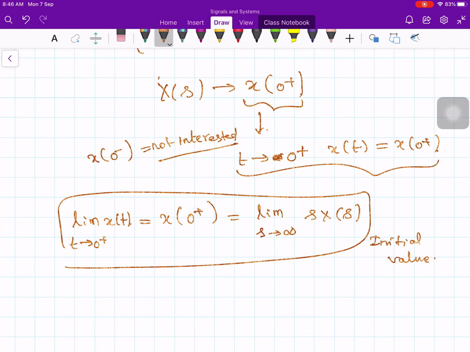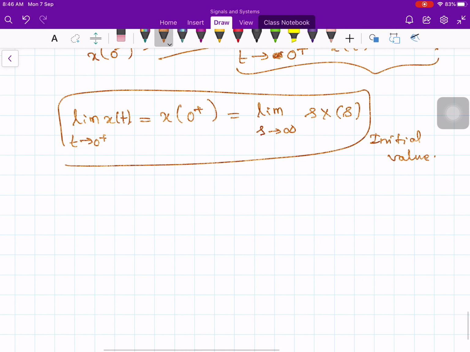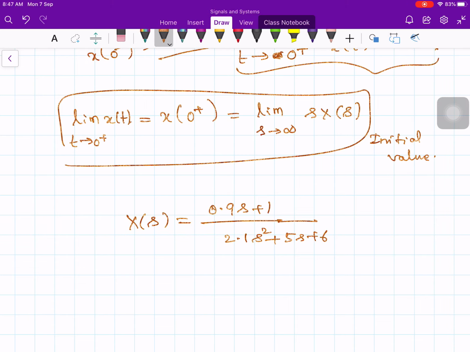Now let us take some example for the initial value theorem. Let's say X(s) is equal to (0.9s + 1) divided by (2.1s squared + 5s + 6). Now through various techniques, which we already know or which we will discuss later, you can find x(t) using the inverse Laplace transform. But suppose we are not interested in finding x(t).